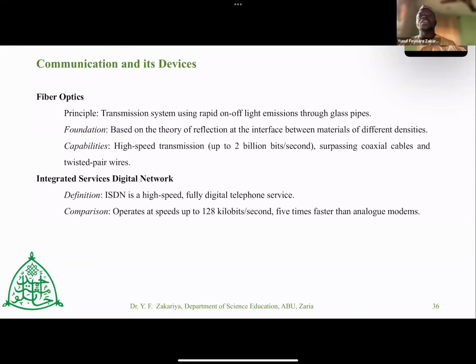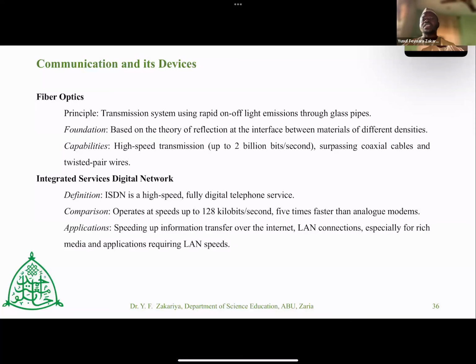So again, part of the components of communication devices is the integrated services digital network. We call it ISDN. So the full meaning of ISDN is integrated services digital network. It's a high-speed, fully digital telephone service, and it operates at speeds up to 128 kilobits per second, 5 times faster than analog modems.